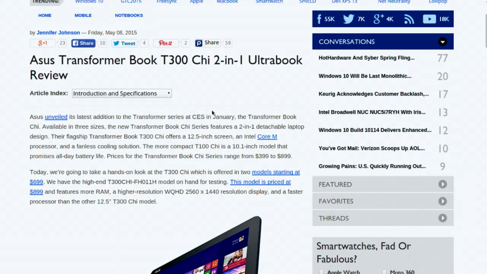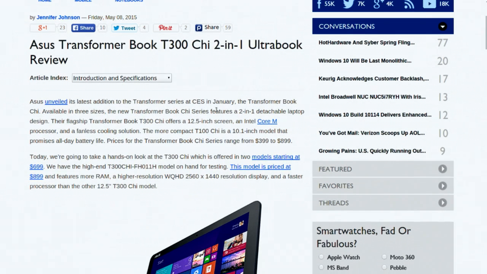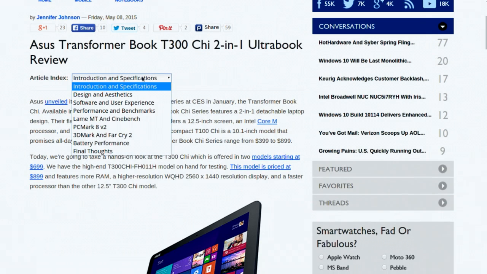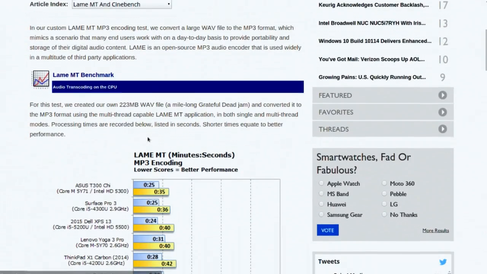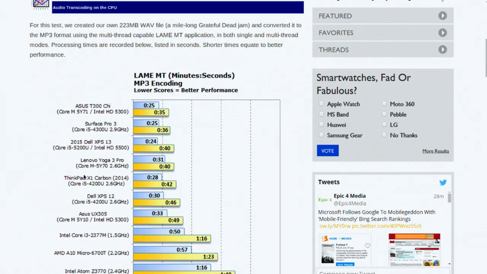Now, Alan, are you a bit of a gearhead for the Asus Transformer? Do you want the new Asus Transformer? I'm not so much after the Asus Transformer itself as the CPU it uses. Oh, tell me about this. If you look at page 5 or whichever page has the lame benchmarks on it. Okay. So this is Intel's new Core M 5Y71. I don't know why they suddenly decided to stick letters in them.